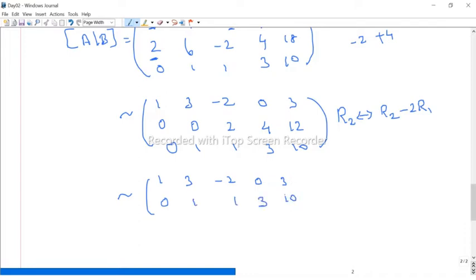That is an elementary row operation. Interchanging the rows is also an elementary row operation. So we interchange R2 and R3.